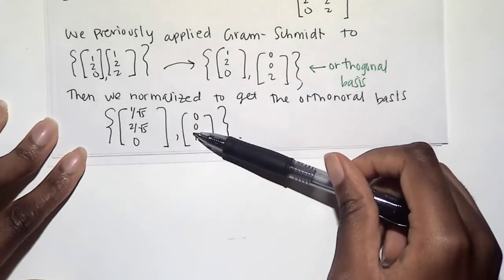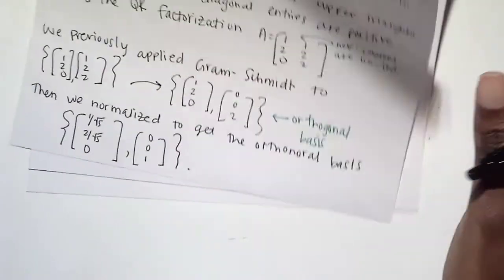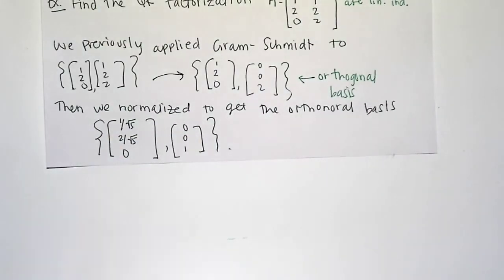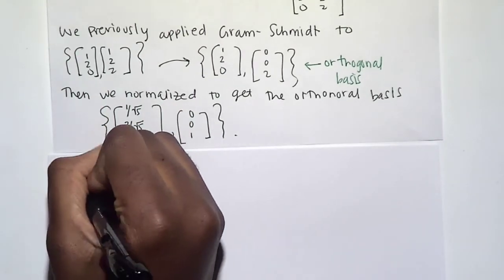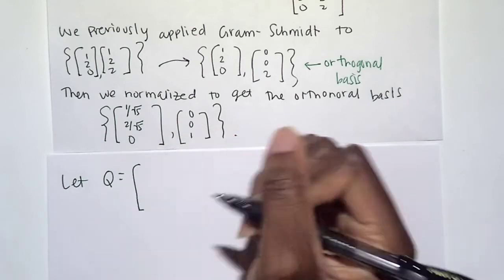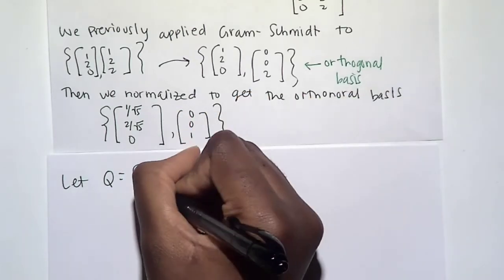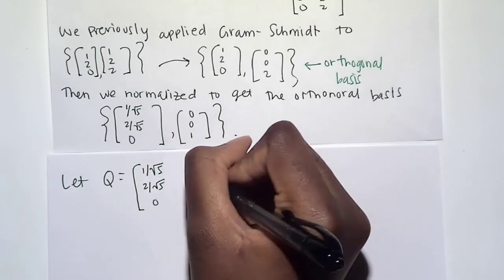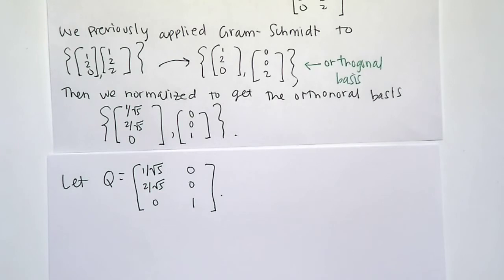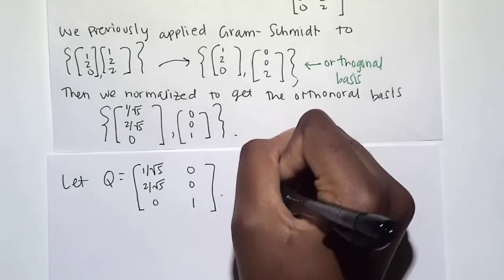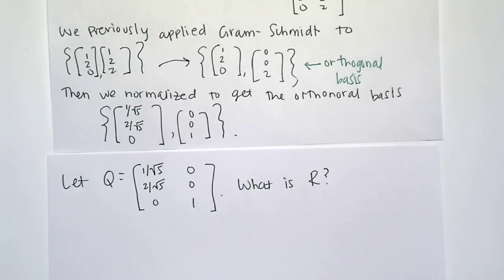These together are going to be our matrix Q. So we're going to let Q equal this matrix composed of these two columns. But now we have to figure out, well, what is R?